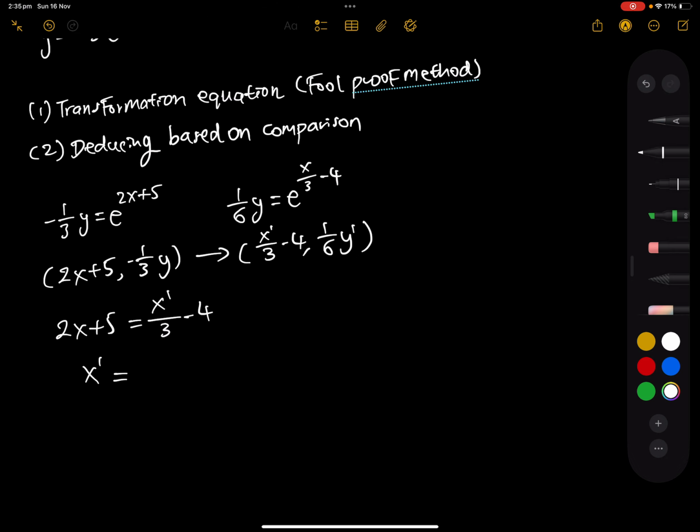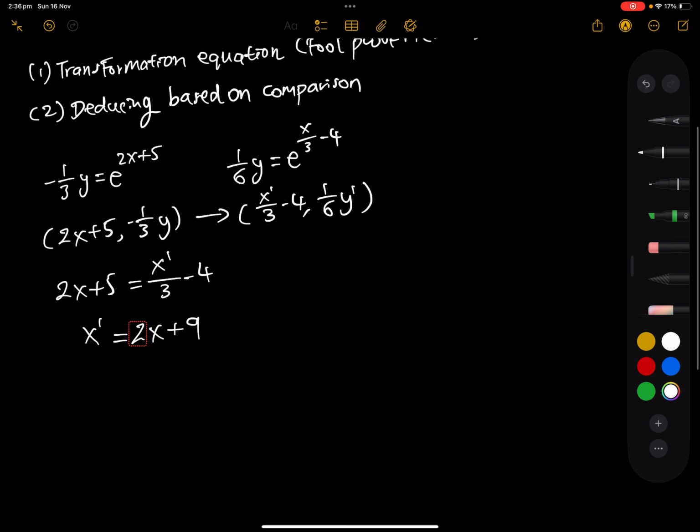So let us do that. So 2x plus 5, you move -4 to the other side, you add 4 to both sides, that'll give you 2x plus 9. And then you multiply both sides by 3, that'll give us 6x plus 27.